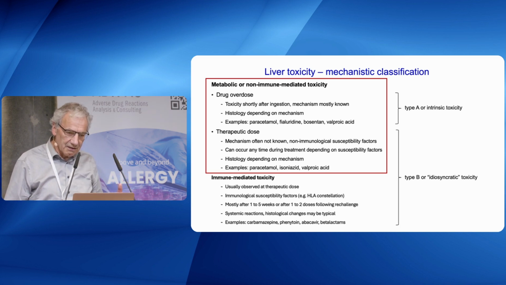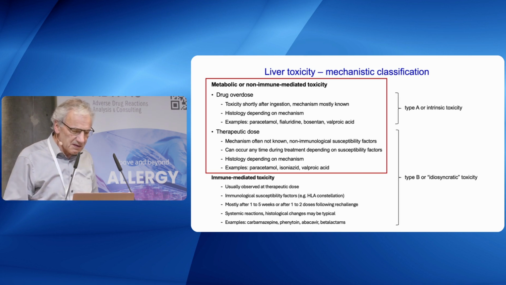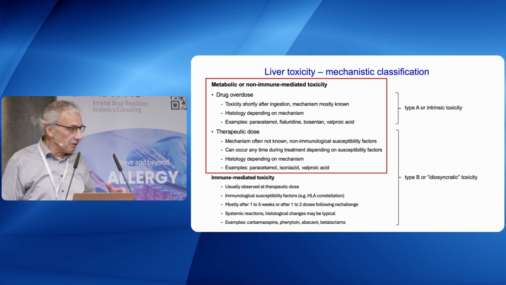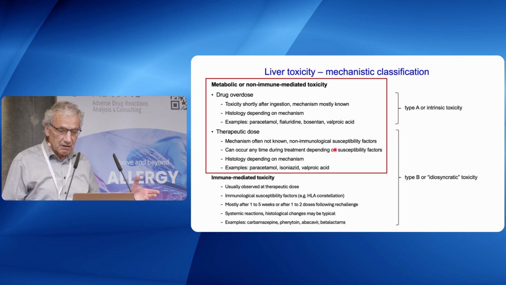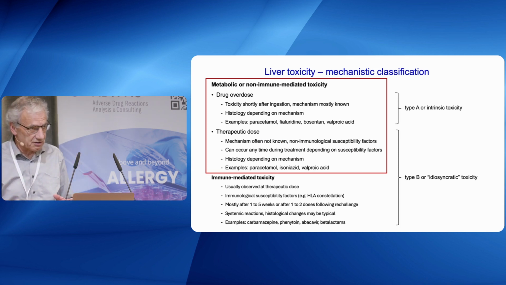And then we have reactions that are happening at the therapeutic dose. This is different. We had overdose, we have therapeutic dose, and of course the immune-mediated toxicity is also normally at therapeutic dose. And you see the mechanisms are often not known here, and the patients that are affected have to have susceptibility factors.